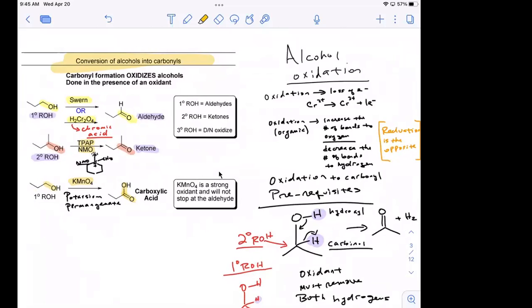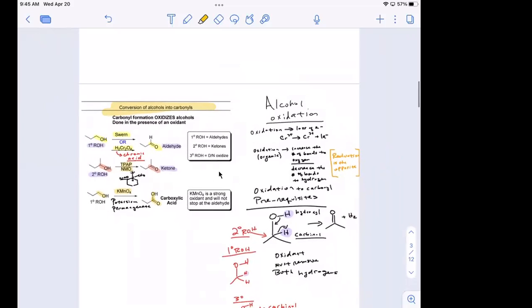And if you've got a primary and you want to make the acid, then you can take that all the way up to the acid using potassium permanganate. That's what you call a superoxidant. It'll keep oxidizing until the carbon can't be oxidized any further. All right. Questions about the oxidation, about anything pertaining to oxidation.